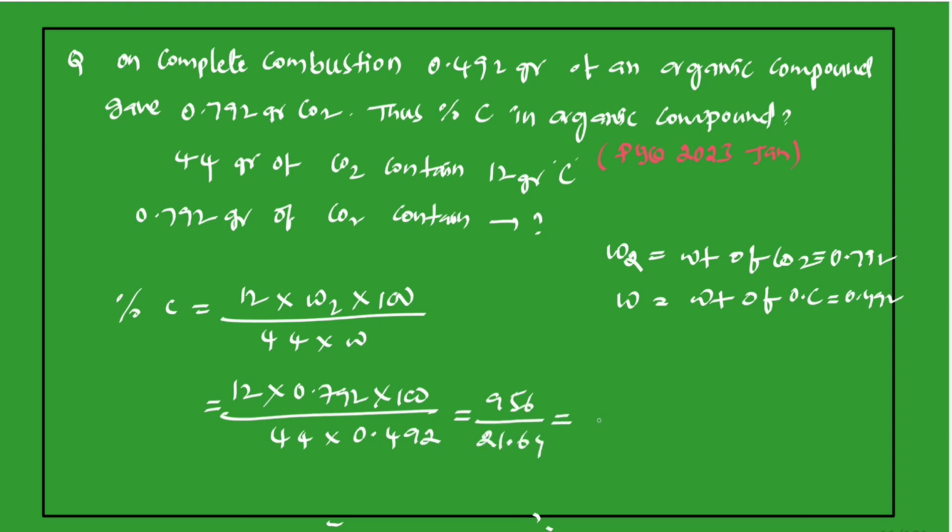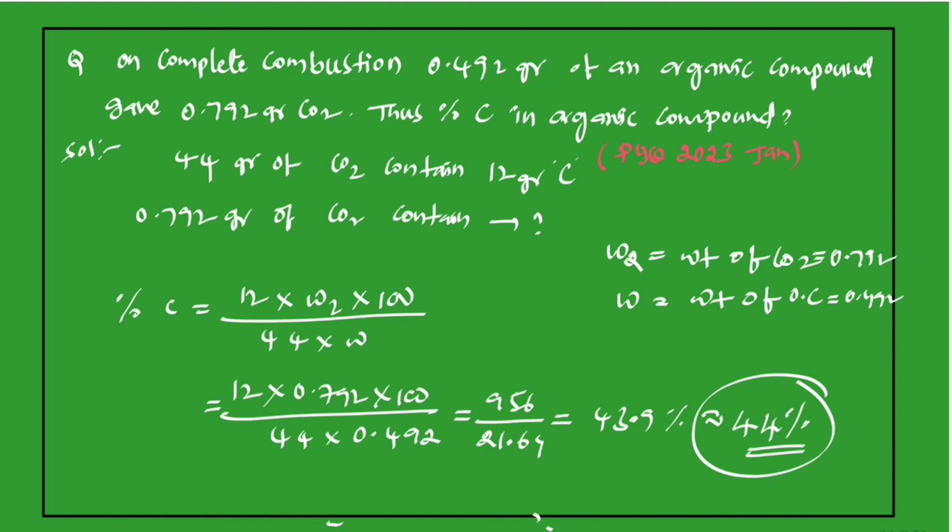The nearly value is 43.9 percentage. This value becomes 44 percentage. So our required answer is 44. This is about the percentage of carbon present in the organic compound.